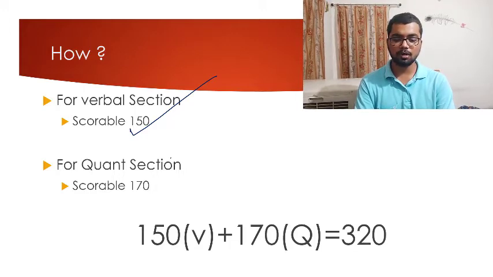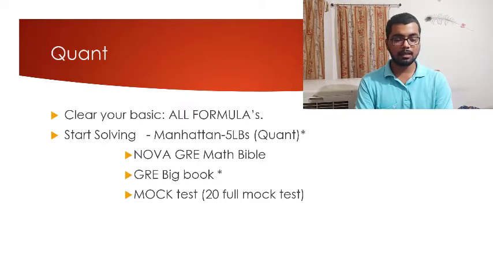You can't solve them by just mugging up formulas or basic things. You have to really work hard on solving that 30% of the quant questions. So I think both 150 in verbal and 170 in quant are very scoreable.